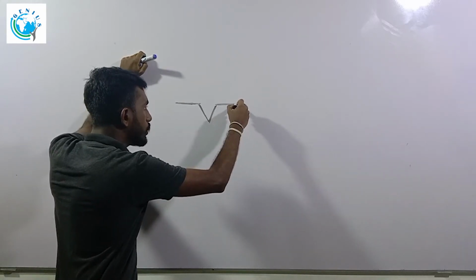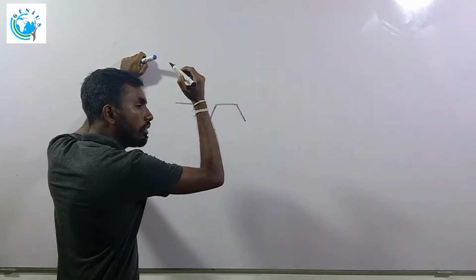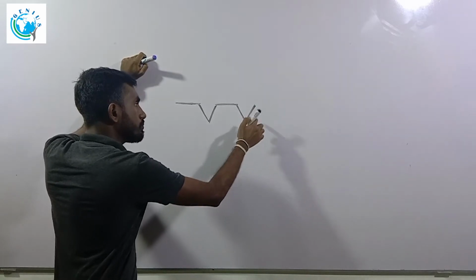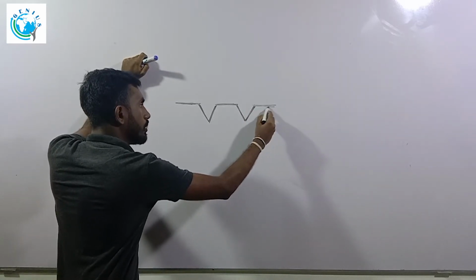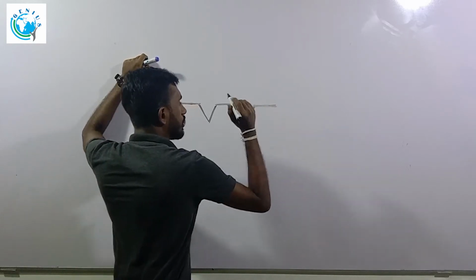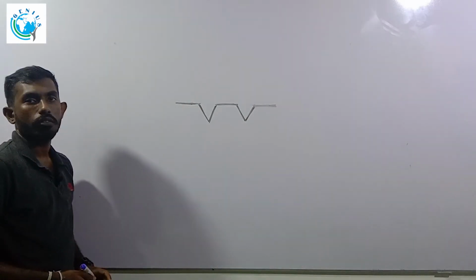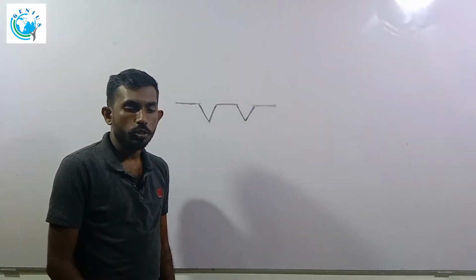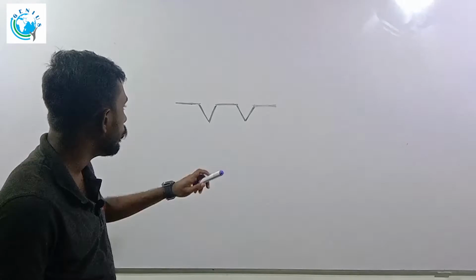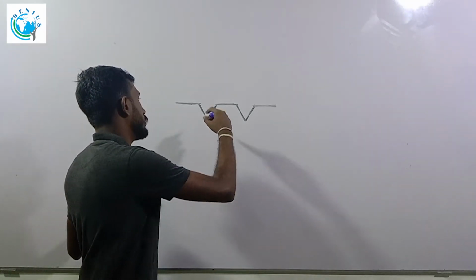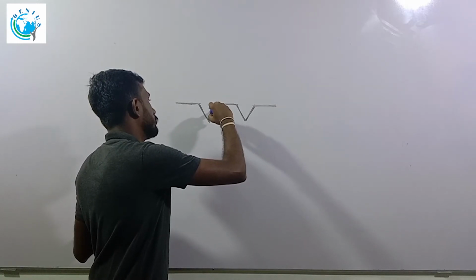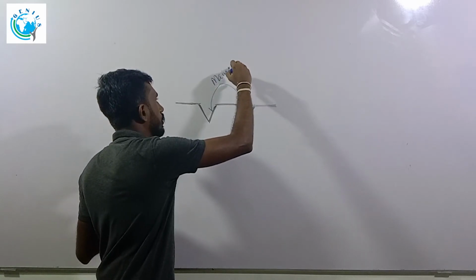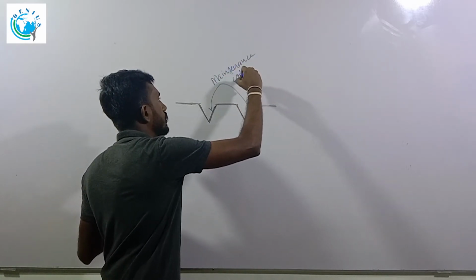Then again you are using the machine, then value decreases, again you are incurring some maintenance cost, then you can maintain the value of the relevant item. Right. So now you can see the purpose of maintenance cost. So this is the maintenance cost.